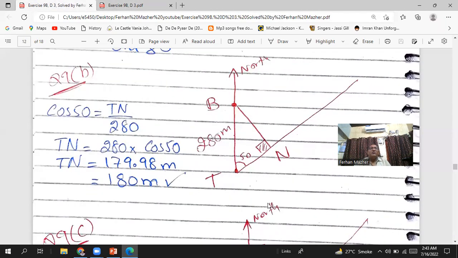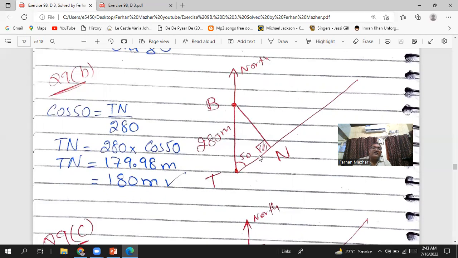So when Nora is walking on this road at a bearing of 50 from the taxi stand, she's closest to point B, the bus stop. When you're walking on a line, you are closest to a third point when the line coming from that point makes a 90 degree angle with this path. So this is the closest she can get to the bus stop while walking on this road.